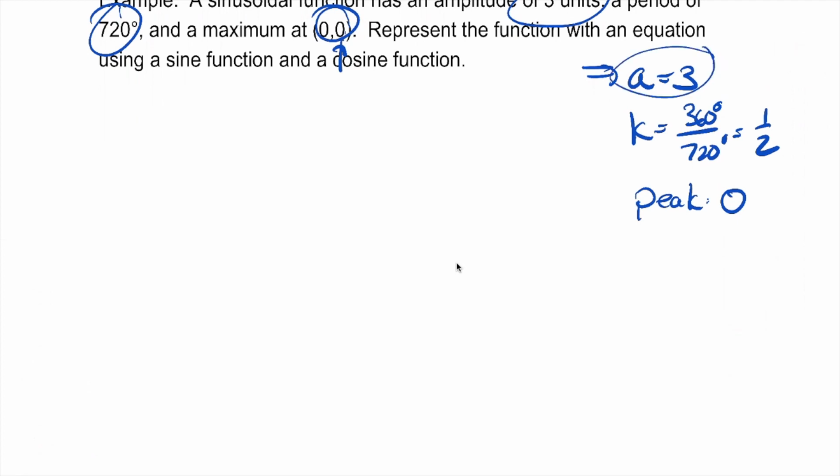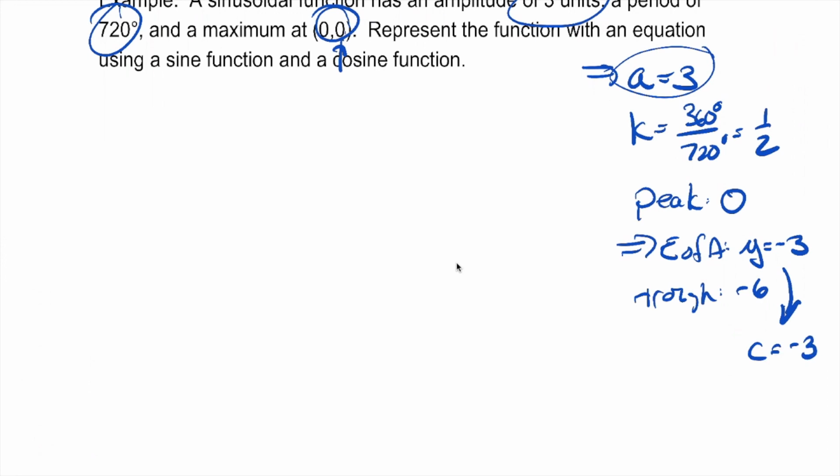Because we know that the amplitude is the distance between the peak and the equation of axes, the equation of axes is going to be y equals minus 3. In other words, the halfway point is going to be negative 3, and from that we determine the trough is going to be 3 away from the equation of axes, with another 3 down, so the trough is going to be minus 6. Okay, we don't actually need those values because what's more important is that we got the equation of axes. That implies my C value is negative 3.